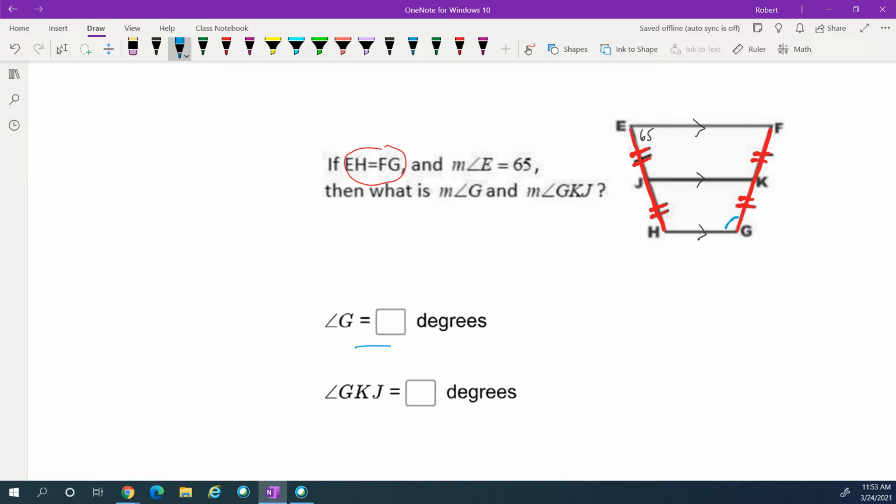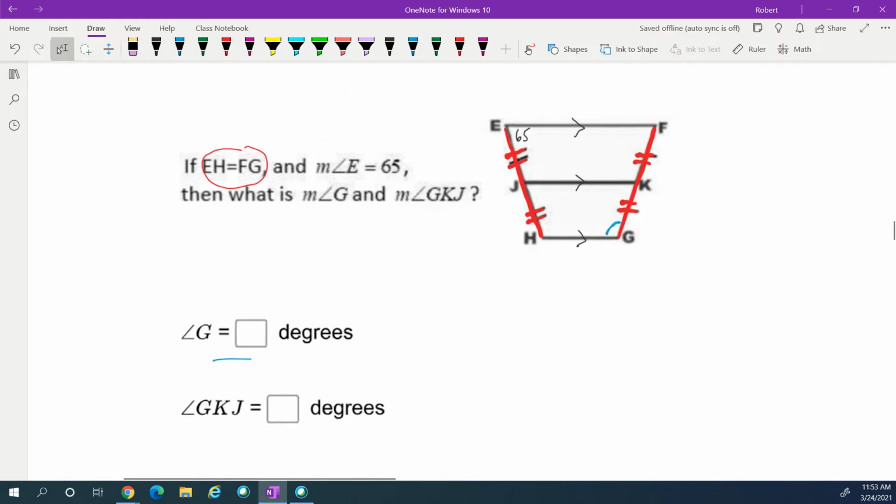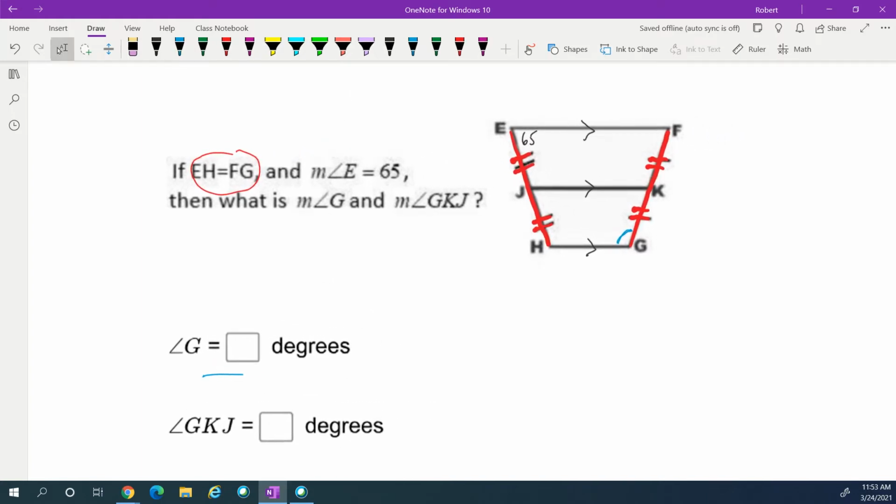The 65 is on the left, but angle G is on the right. Well, knowing that it's an isosceles trapezoid lets us move the 65 to the other base angle. Remember, each pair of base angles are congruent.